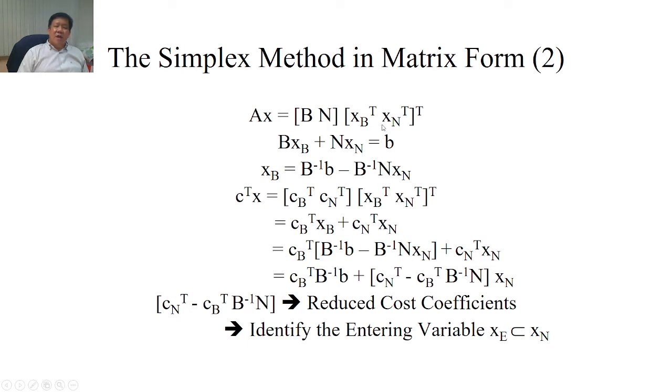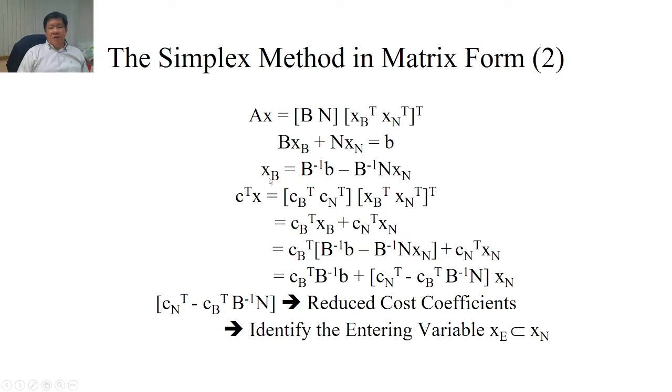With this multiplication you get the relationship B x sub B plus N x sub N is equal to b. And certainly if you multiply both sides by B inverse, and B inverse can exist only in the situation that the determinant of B is non-zero.